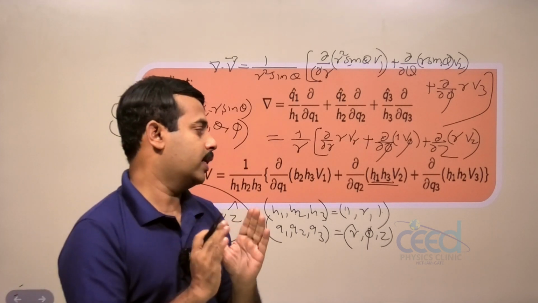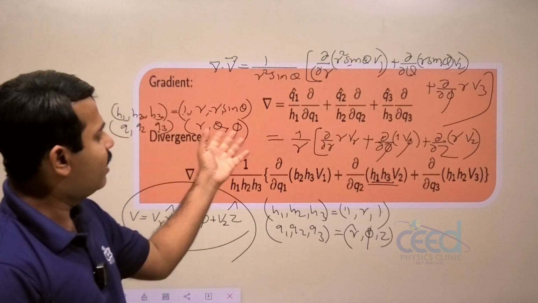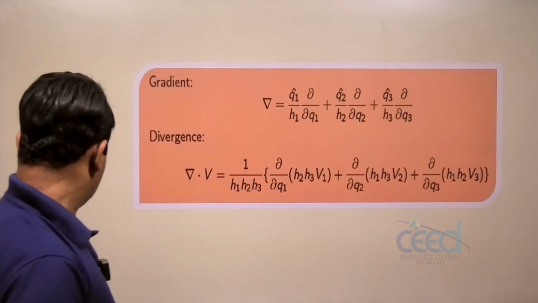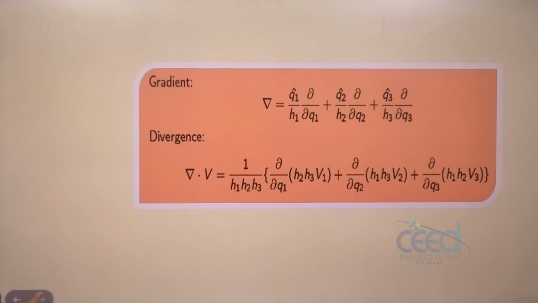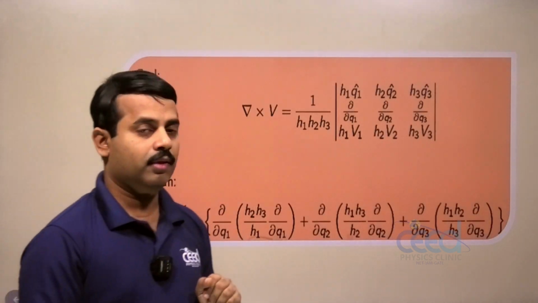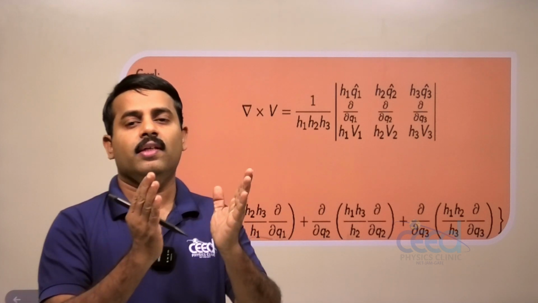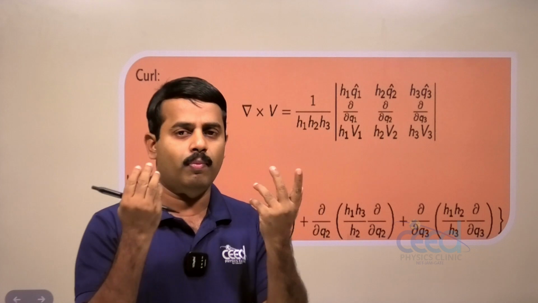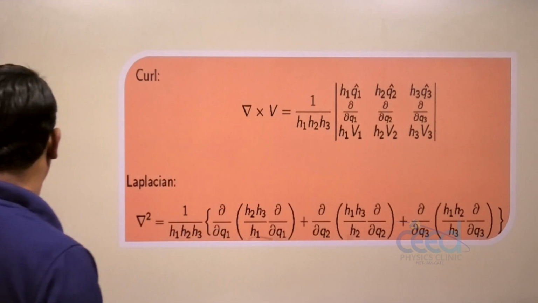Alright? So this way we can represent a divergence. Now let us go to how we represent a curl. Curl and Laplacian, that also we can see, then we can summarize the result and then we can do problems in next classes. Alright?